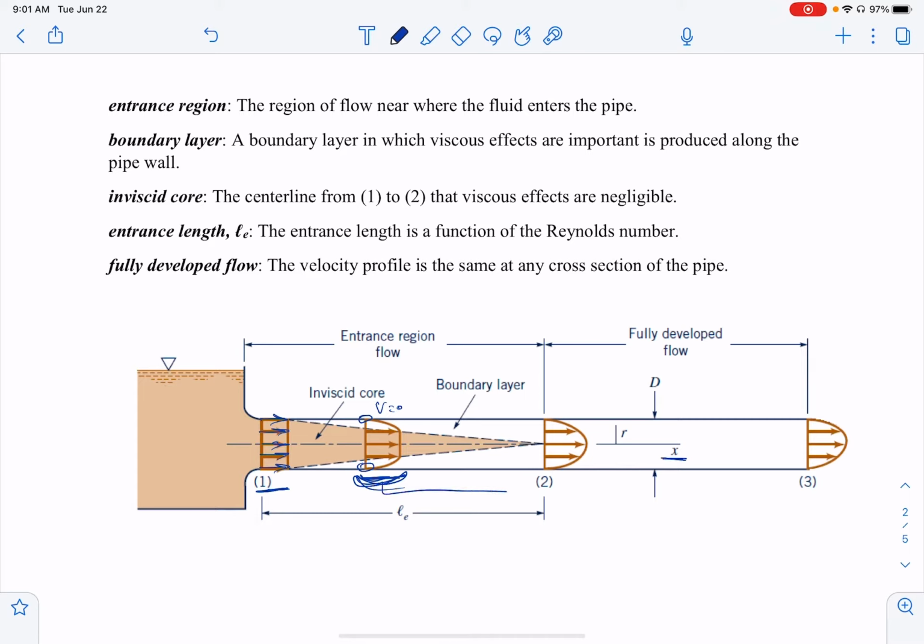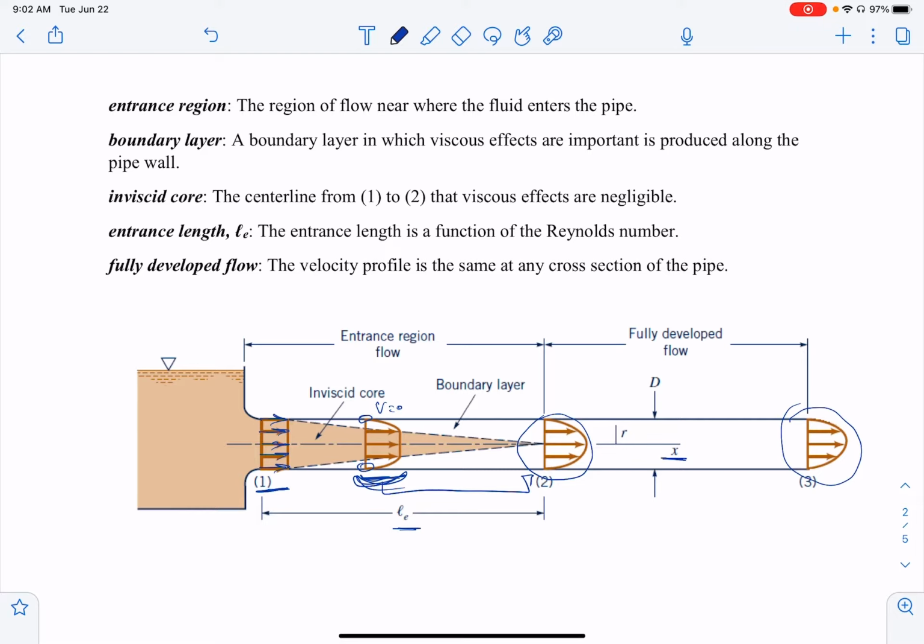So it changed from here to here if we look at these two profiles. It changes along the pipe x until the flow reaches the end of the entrance length, which is L E right here. After that, we call it fully developed flow, and the velocity profile is not changing.